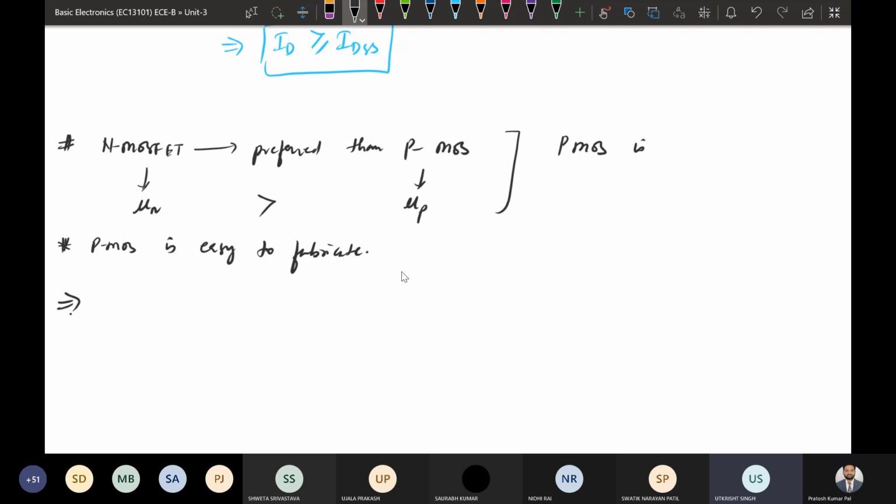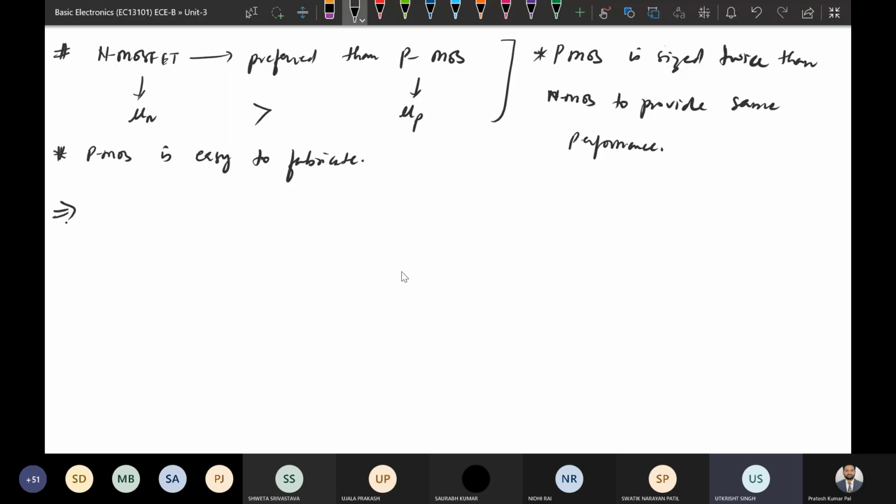So PMOS is sized twice that of NMOS to provide the same performance. If PMOS needs to perform in comparison to NMOS, then PMOS should be sized twice the area of the NMOS.